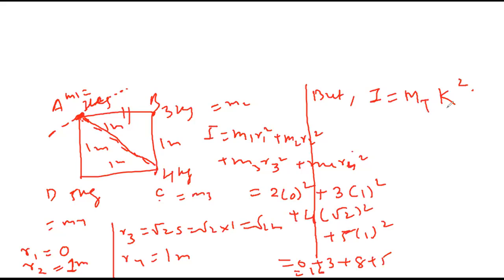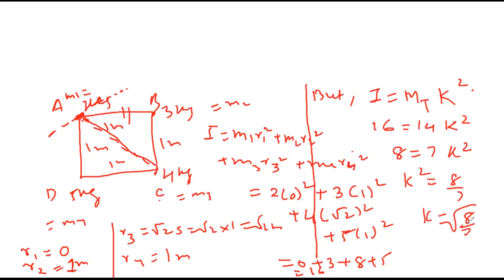But I is total mass into k square. So 16 equals total mass 2 plus 3 plus 4 plus 5, that is 14, into k square. So k square is 8 by 7, therefore k is root of 8 by 7. That is option A.